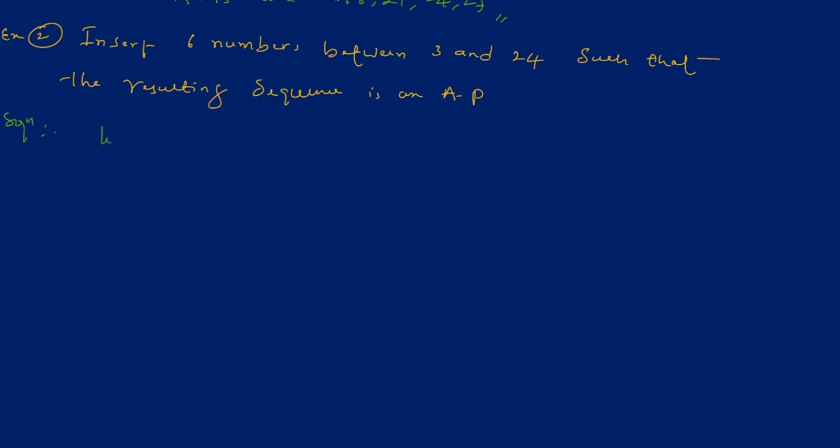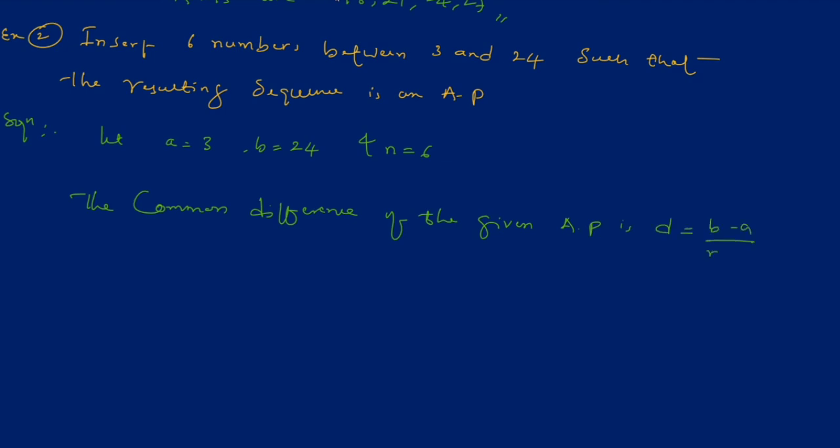let a equal 3 and b equal 24, and the value of n is 6. The common difference of the given AP is d, that is (b minus a) upon (n plus 1), right?